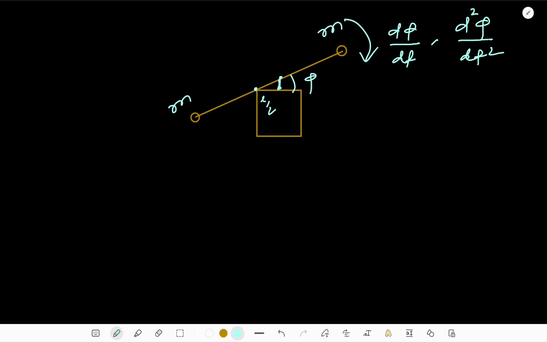So the system has got rotational kinetic energy. As you can see here, it is rotating about a fixed axis, an axis passing through the left corner of the cube. So it's a case of rotation about a fixed axis. So we're going to need to write the rotational kinetic energy of the balls. So I'm going to write kinetic energy equal to, for the left ball, half I omega square.